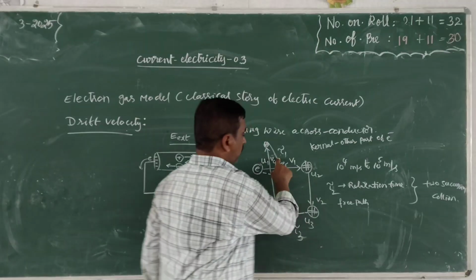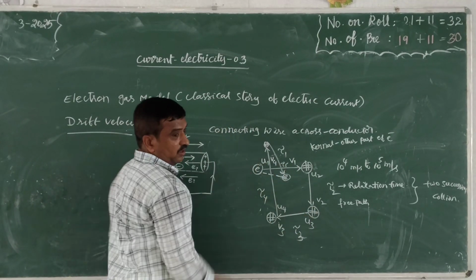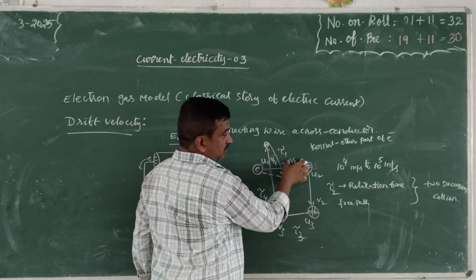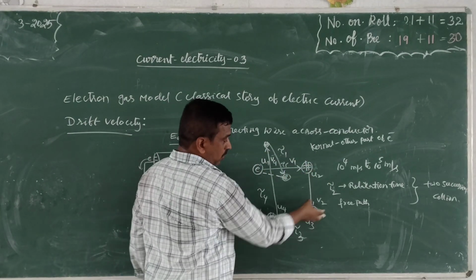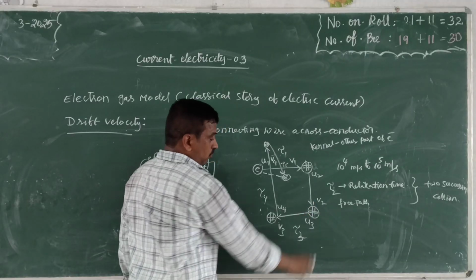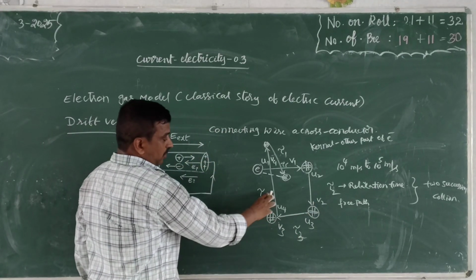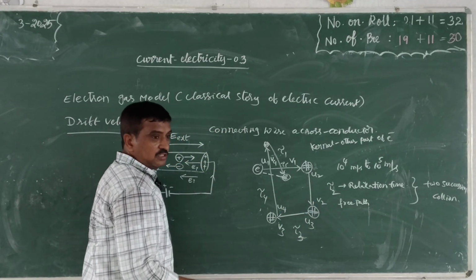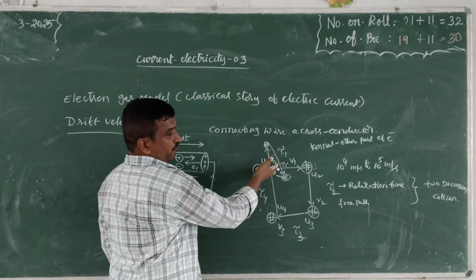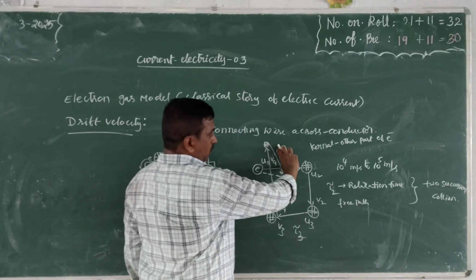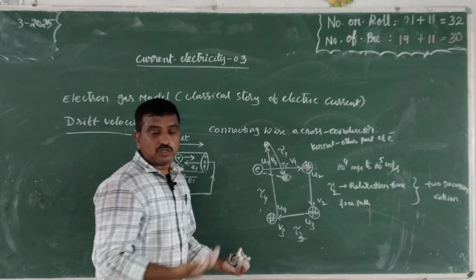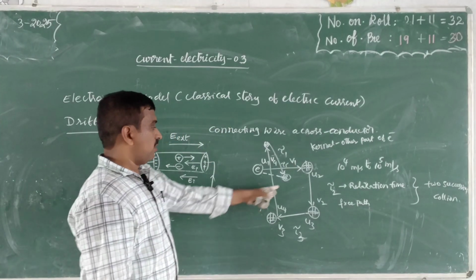It's not here tau 1, tau 2, tau 3, tau 4, tau 5, like this. Here u1 is the velocity, it reaches v1, collides with the kernel and comes to rest. Again it starts with u2, final velocity v2, again u3, v3, again u4, it reaches v4, collides with the kernel and comes to rest, again u5 reaches v5, again comes to rest.